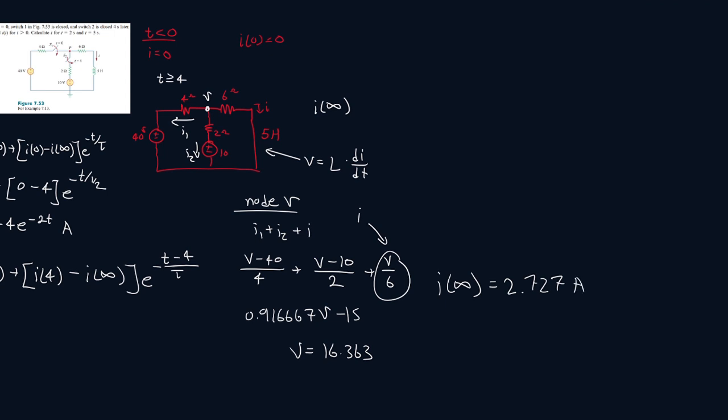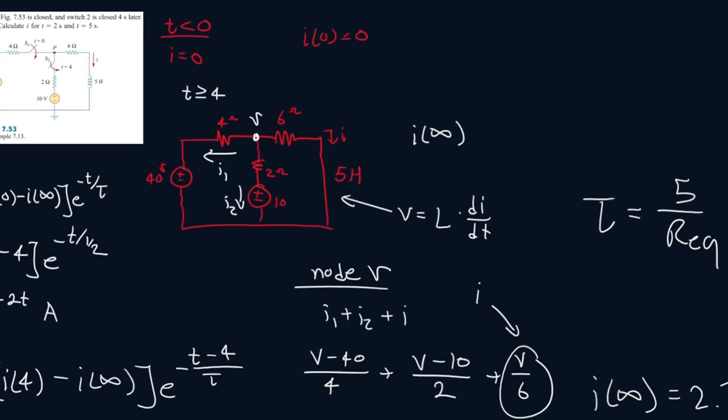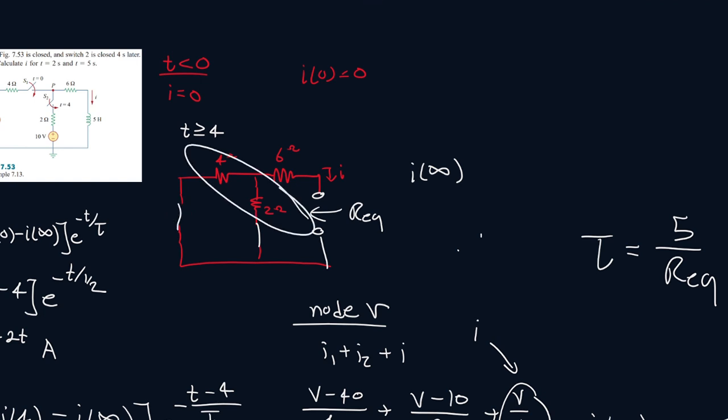Okay, next we have to find our time constant. Our time constant will be equal to the inductance value over the equivalent resistance. Inductance value is 5. Now going back to this circuit, we find the equivalent resistance from between here. So we turn off all independent sources. So these two are in parallel.